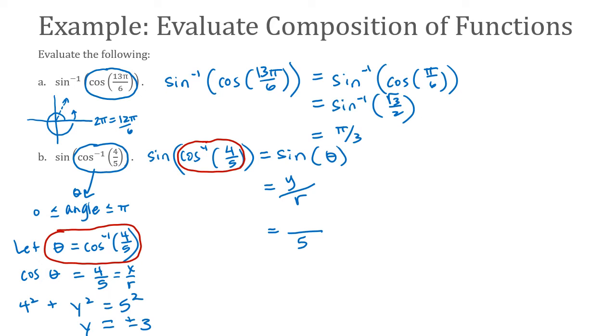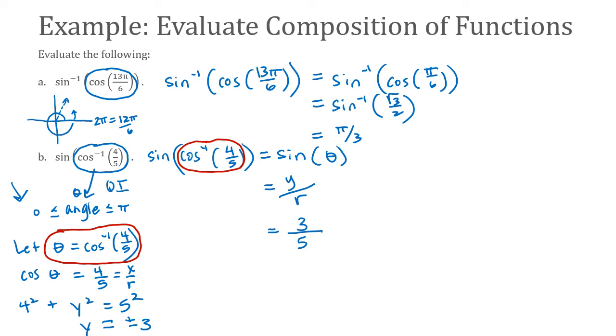Well, let's go back up to when we defined the angle. We said that angle had to be between 0 and pi, which means it's in the first quadrant or it's in the second quadrant. With an output of 4/5, that's a positive output, that forced us into quadrant 1, didn't it? So if we're in quadrant 1, then that means that my y value has to be positive.